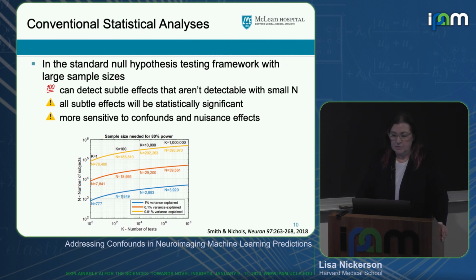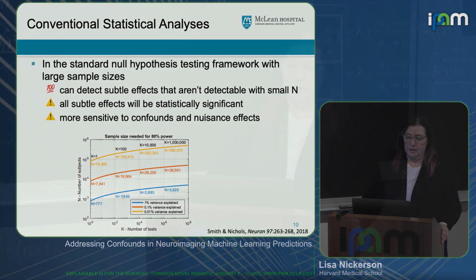The American Statistical Association has also emphasized that statistical significance is not equivalent to scientific, human, or economic significance, and that smaller p-values do not necessarily imply the presence of larger or more important effects. So this just becomes a problem. And because you're sensitive to such subtle effects, you're then exquisitely sensitive to confounds, which can be not-so-subtle effects.